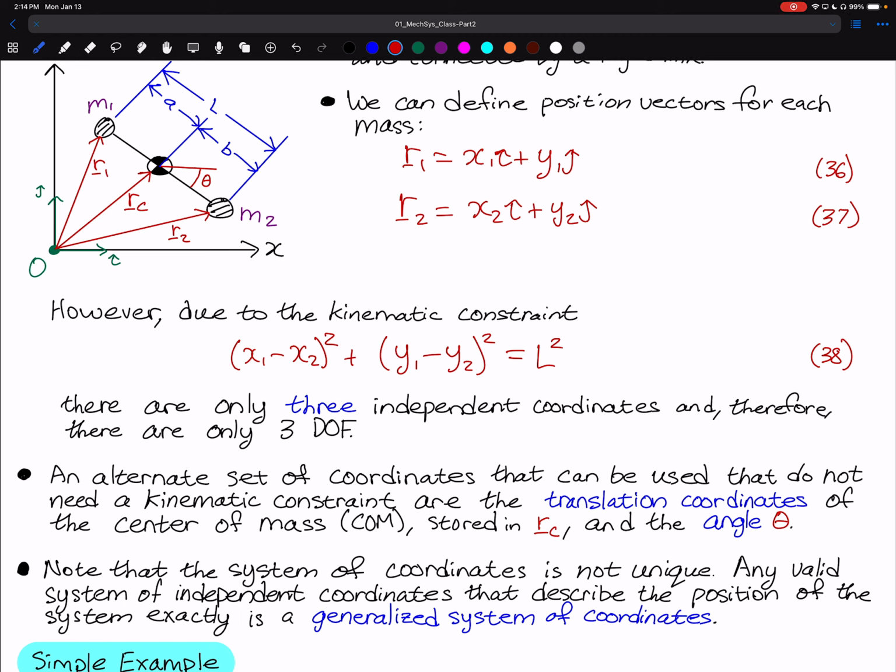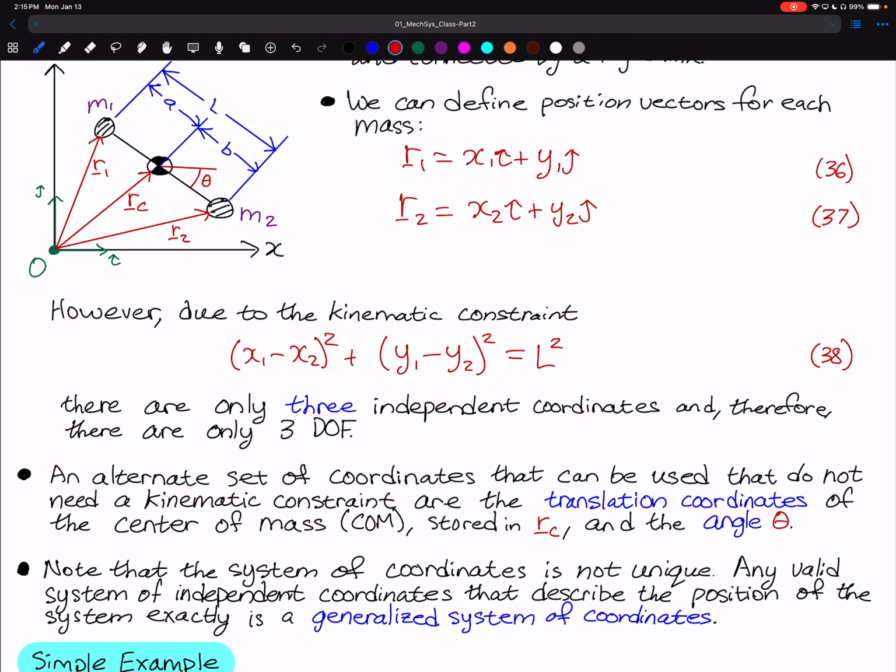And as a result of this kinematic constraint, there are only three independent coordinates, and therefore there are only 3 degrees of freedom. And so we've happened to choose a set of coordinates here that are not the generalized coordinates for this system, and hence why we end up with this kinematic constraint.